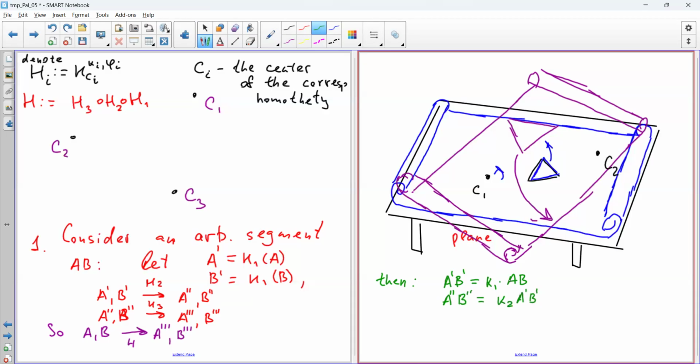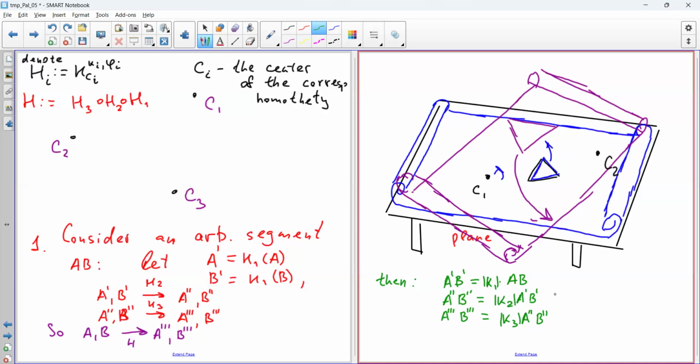Under each homothety, we know that the rotational homothety, that is something we proved before during the class, is a similarity transformation, which means that it changes the length of any segment by the uniform rule. The length is multiplied by the absolute value of the coefficient of the homothety, because the coefficient may be negative.